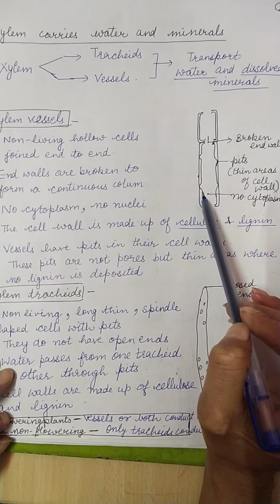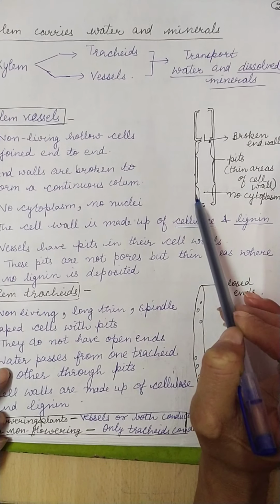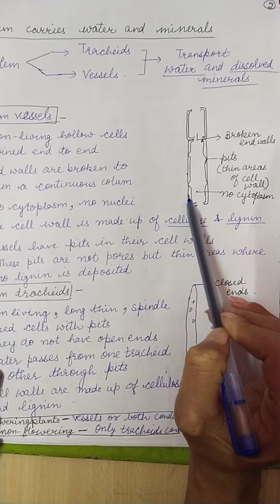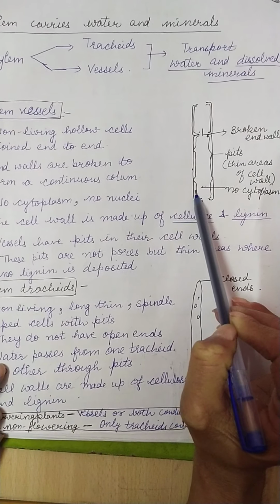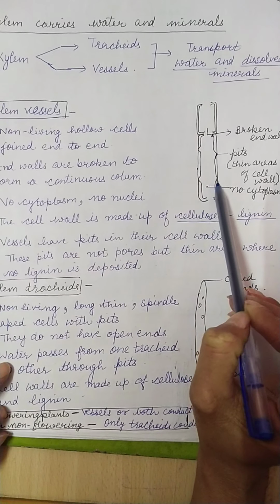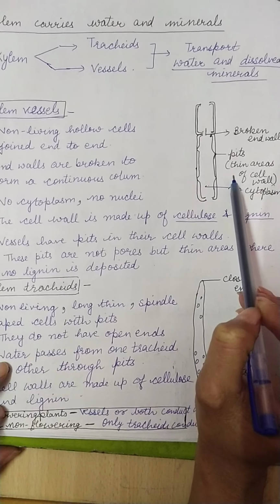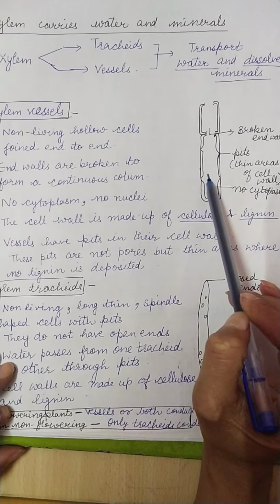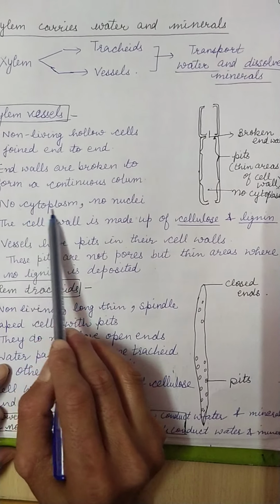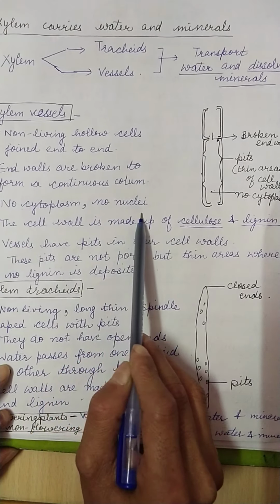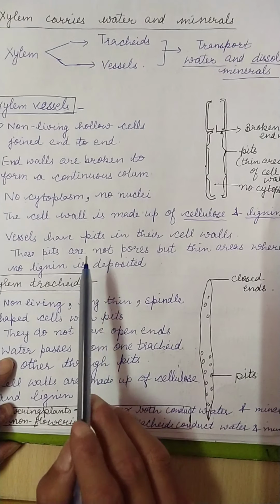The cell walls of these xylem vessels are made up of cellulose and are thickened due to the deposition of lignin, but there are certain thin areas where no lignin is present. Moreover, these vessels are dead components. These are hollow cells. They do not have any cytoplasm, neither do they have any nuclei.